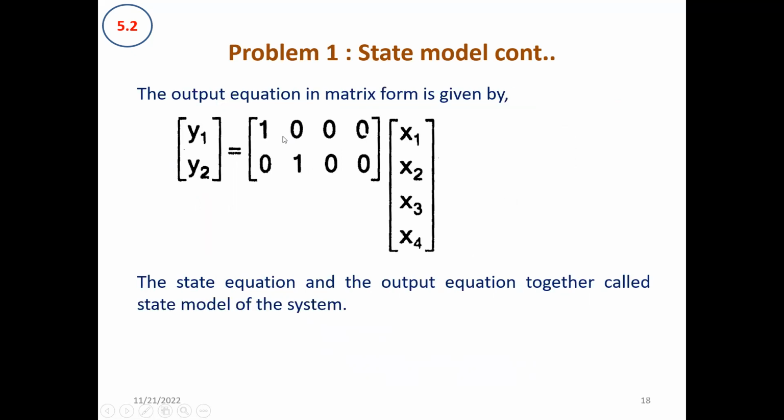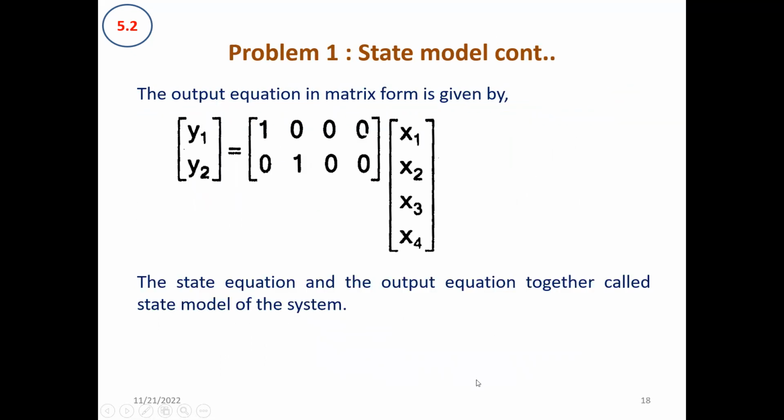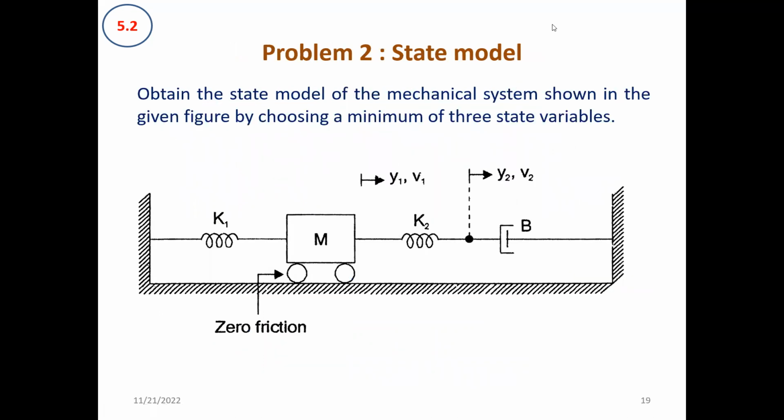So this is the matrix form. Then y1 is equal to 1 0 0 0 times the state vector, and y2 is taken as 1 in the second position, others will be 0. Likewise we can solve this problem. Thank you.